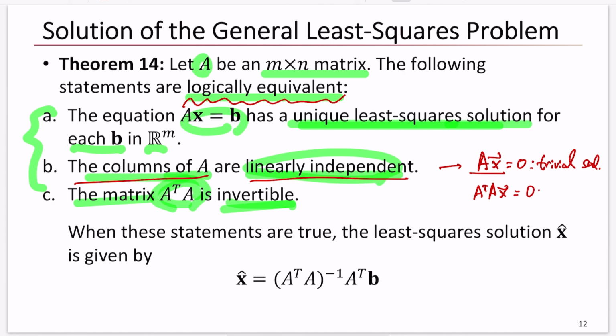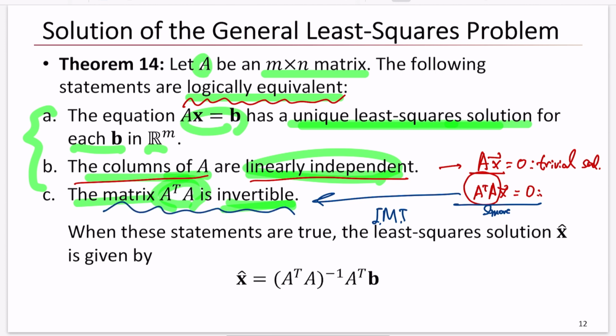So it means that ATAx is equal to 0 has only the trivial solution, because this is a square matrix. It just follows the IMT, the invertible matrix theorem. So because it satisfies this, ATA is invertible. Right?